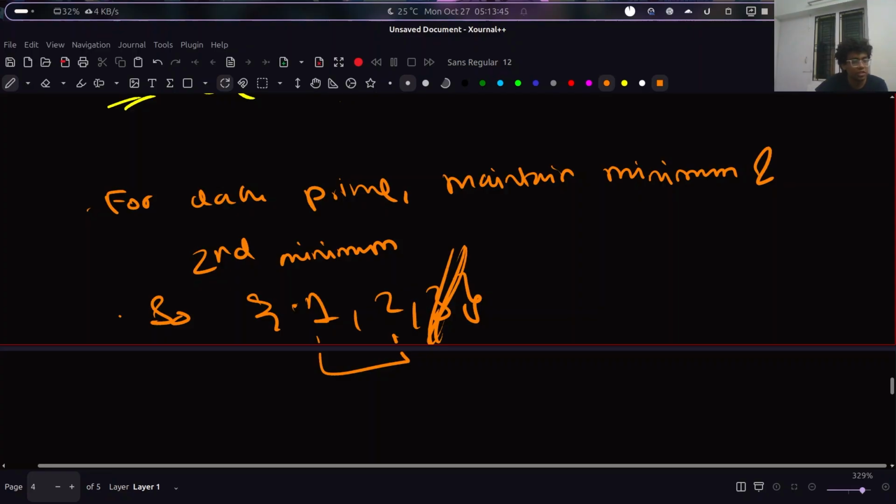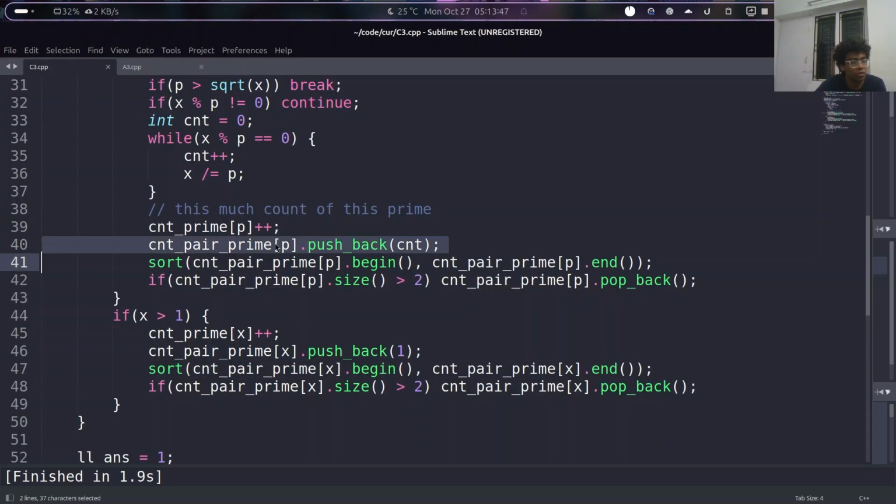That's why we add the count, we sort it. If the size is greater than 2, we pop back. So we're adding it, sorting it, and popping back. That makes sure that only the smallest two are there in the count pair of primes for a given prime.